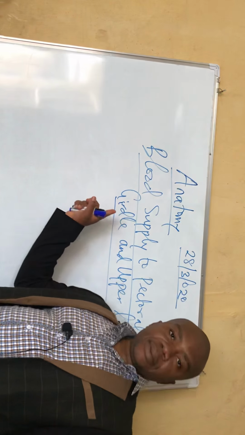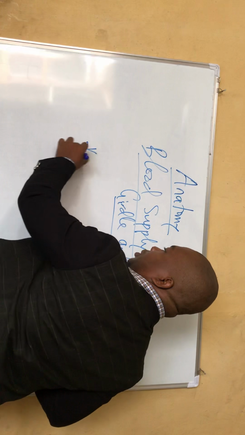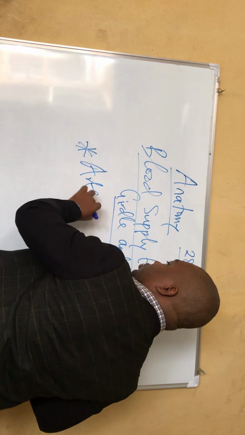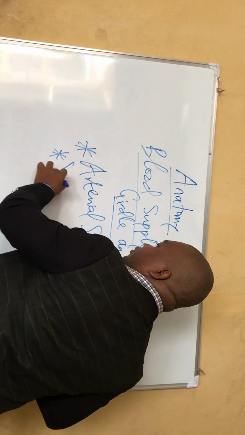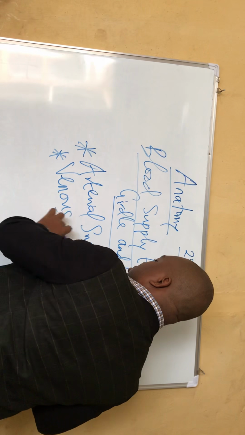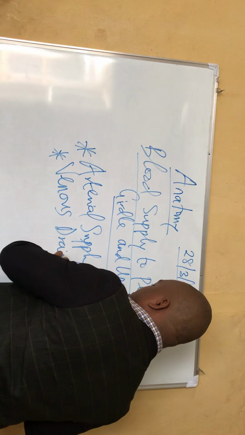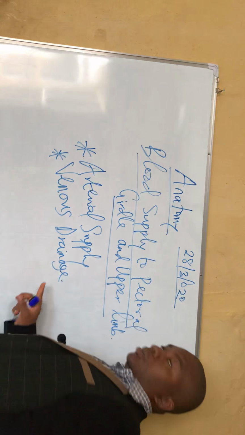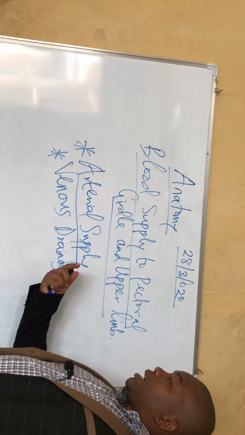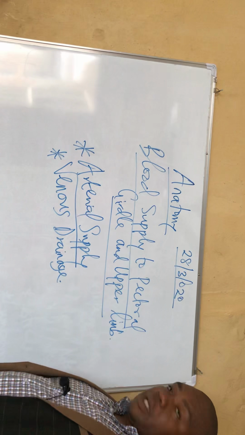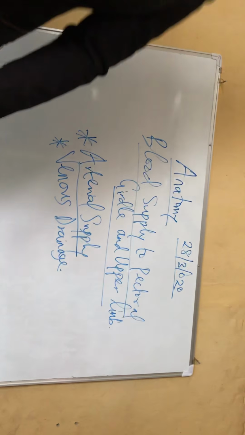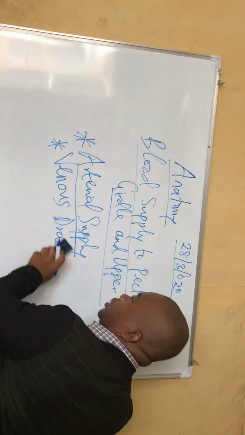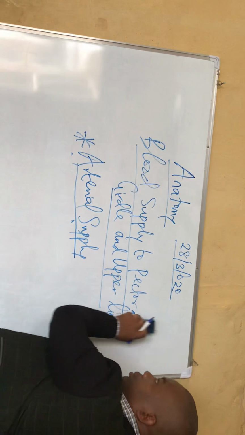By blood supply, we mean arterial supply and venous drainage. But for today's lecture, our concentration will be on the arterial supply to the pectoral girdle and upper limb.